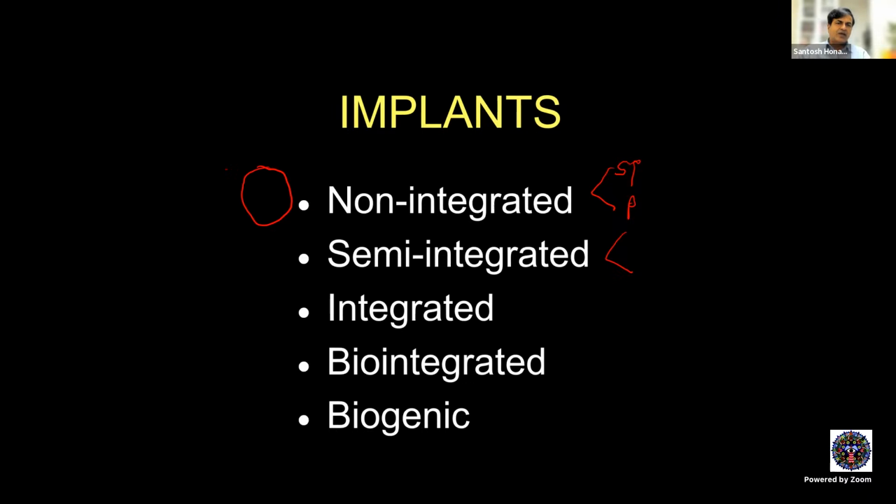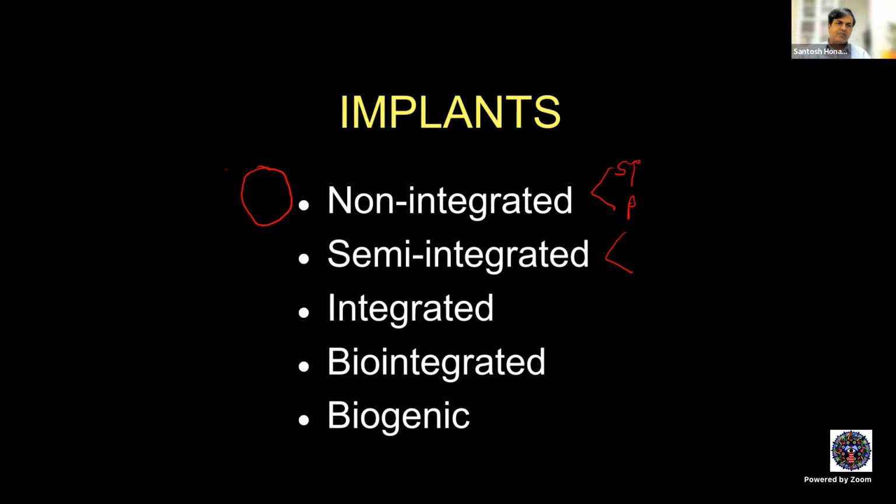Semi-integrated is even a silicon implant or a PMMA implant when it is covered by sclera and put into the socket. Sclera gets integrated with the orbital soft tissue because sclera is a collagen-rich material. The implant lies within that sclera, which you have wrapped the implant with, and to the sclera you attach extraocular muscles, which becomes semi-integrated.